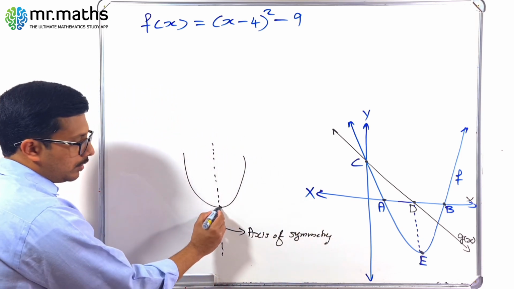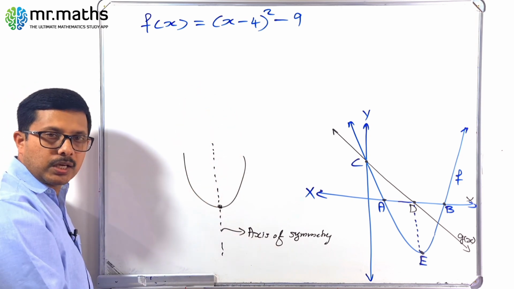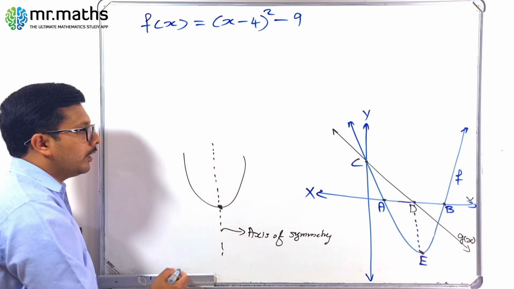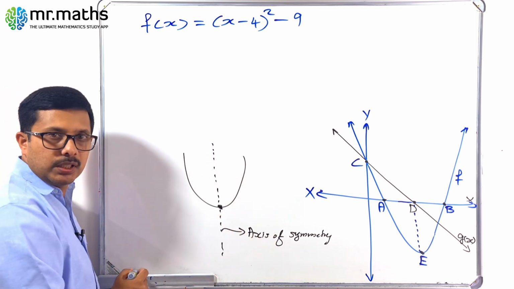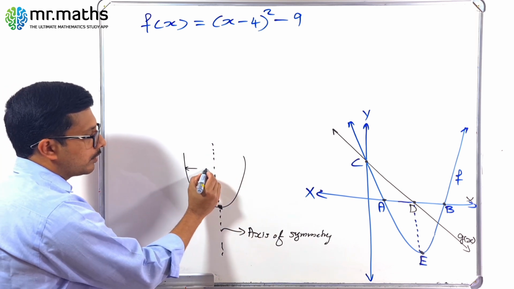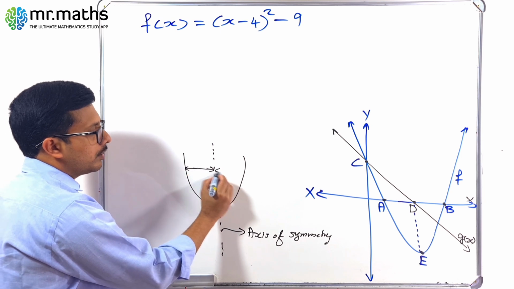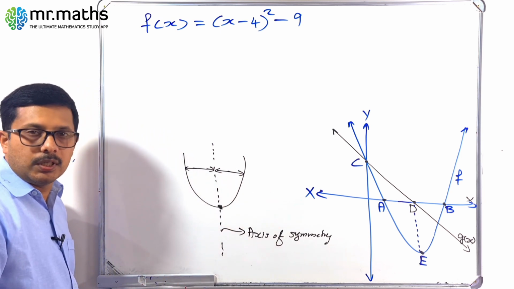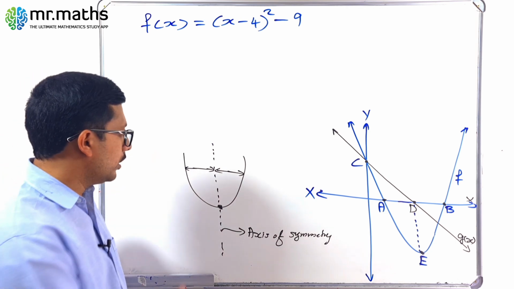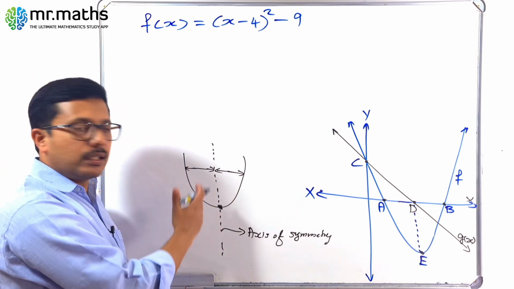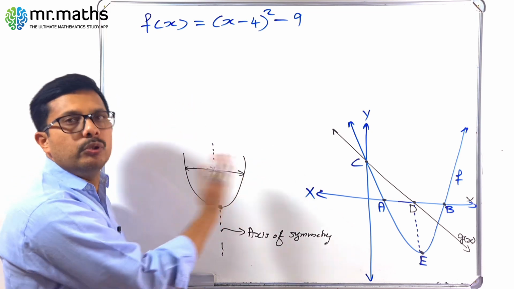That means the line passes through the turning point, and that line is the axis of symmetry. What is the meaning of axis of symmetry? This distance and this distance are the same. The axis of symmetry cuts the parabola equally into two halves.